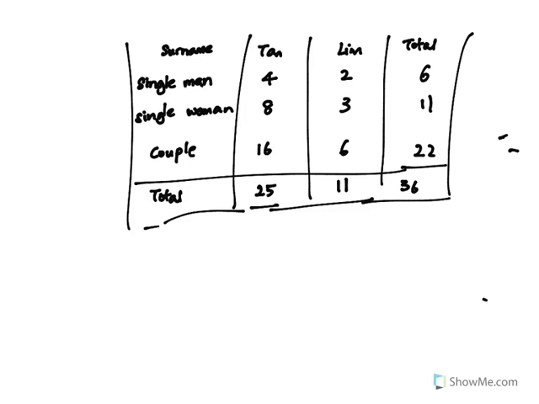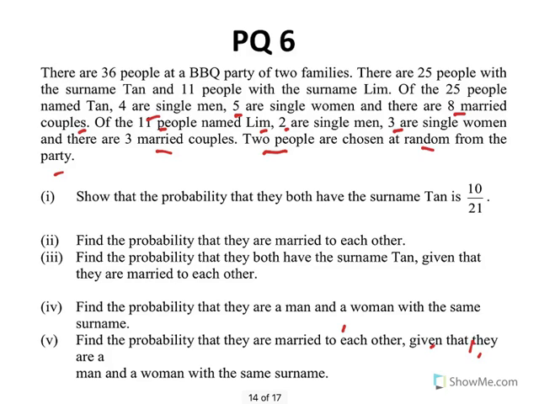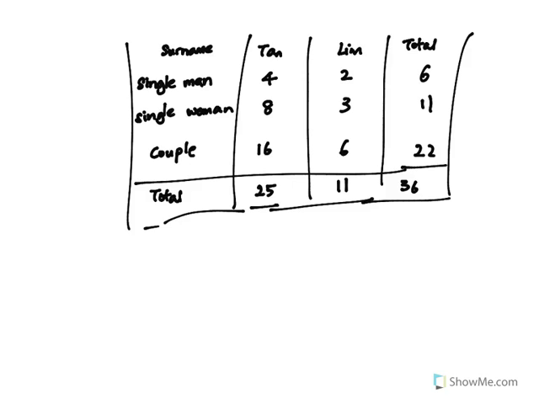This will help us later on when we want to find probabilities. The first one: I want to find the probability that they both have the surname Tan. One way is to think about choosing one person and then choosing another. The probability of choosing the first person with surname Tan is 25 out of 36.